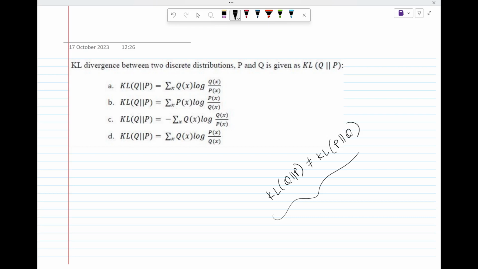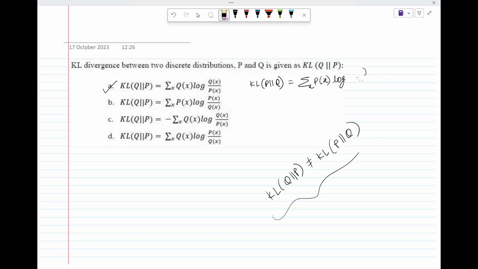So the formula is actually straightforward. It is the A option. You just had to know which one it is. So if it was KL PQ, it would have been summation over x of P of x log Qx by Px.